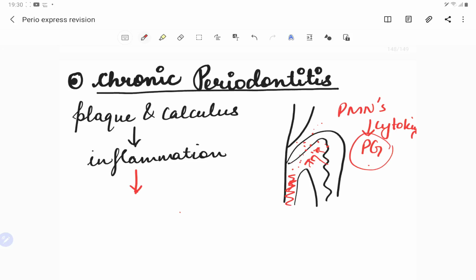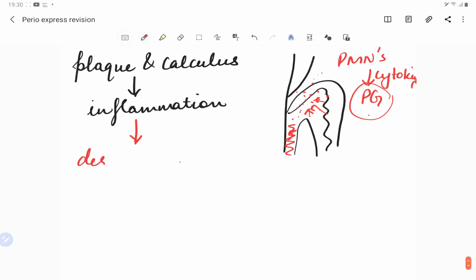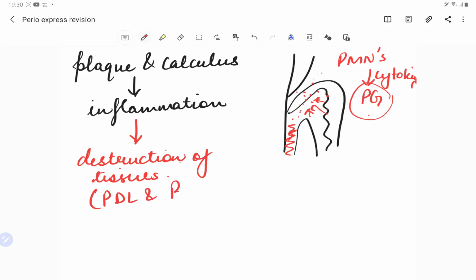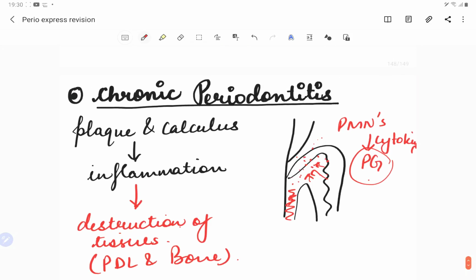So what then happens is the destruction of the tissues, especially the PDL and the bone. So this is what we know up till now. When we talk about chronic periodontitis, that means there is some inflammation which is occurring over time.